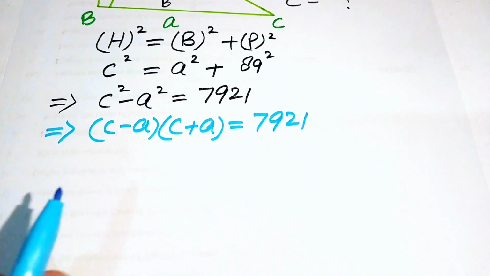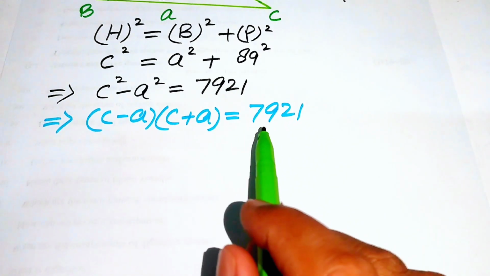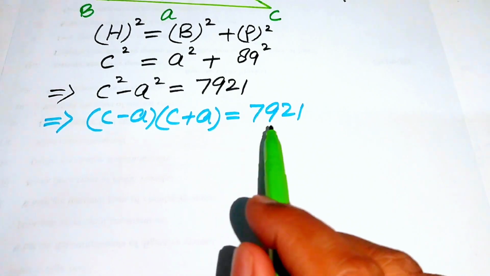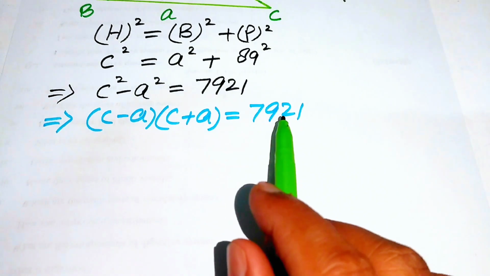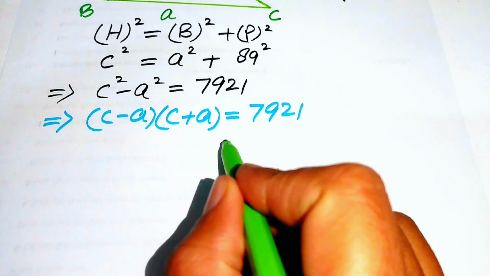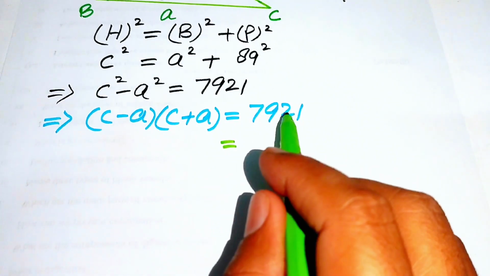So here you focus on the left hand side, and you see that we have two factors multiplied by each other, so now we convert 7921 into a multiplication of two factors. So here we have two possibilities in which you get the value 7921.